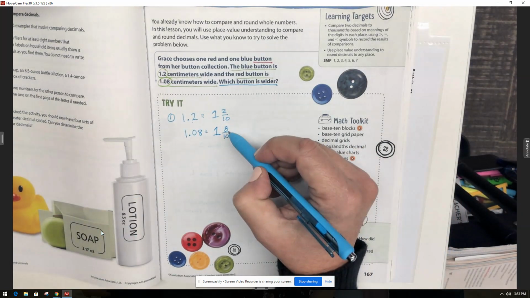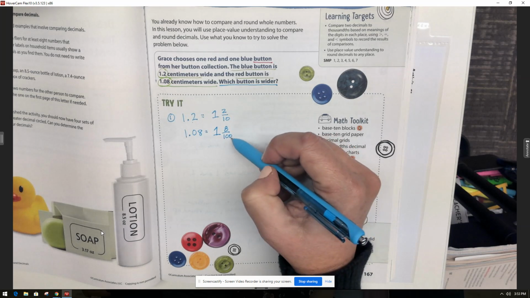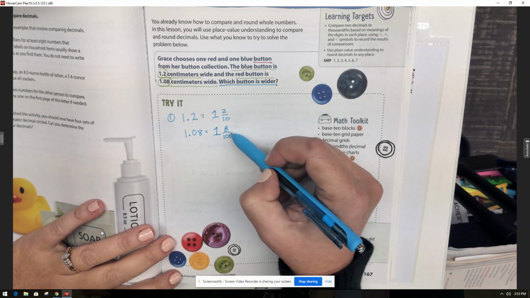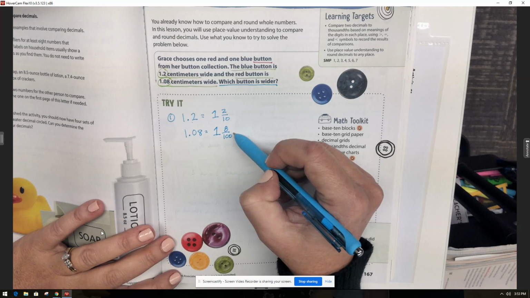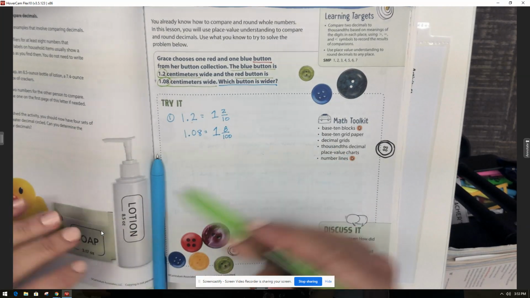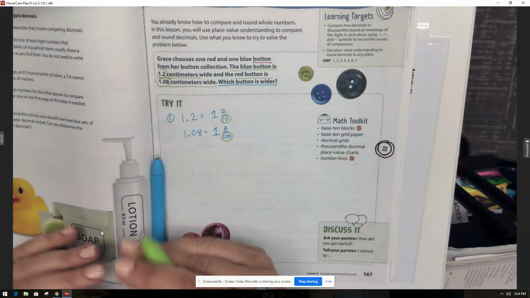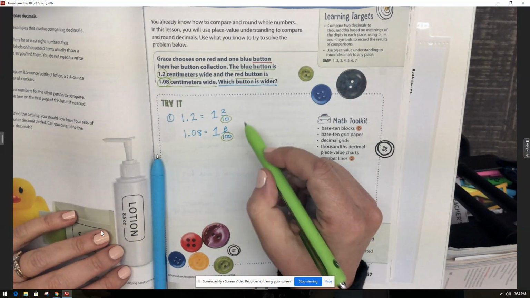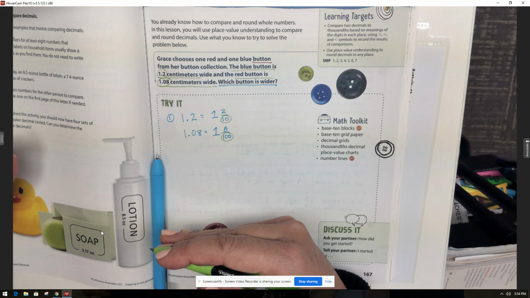Now, right now, I cannot compare these 2 mixed numbers. The reason I can't compare them is because I do not have common denominators. In this example here, I have a 10th here and I have a 100th here. I need to make them the same in order to compare and figure out which one is bigger or which one is smaller.